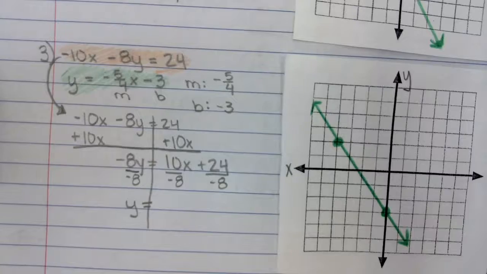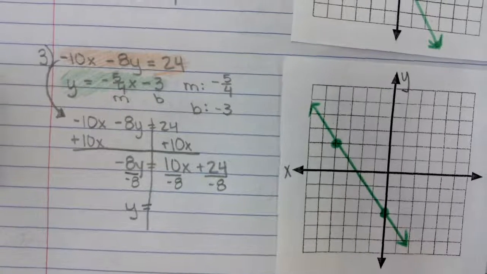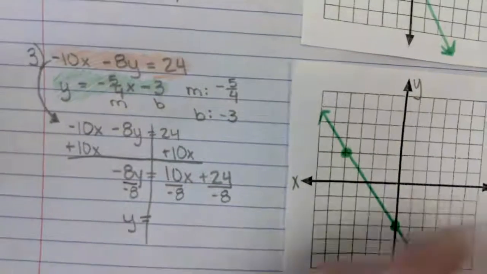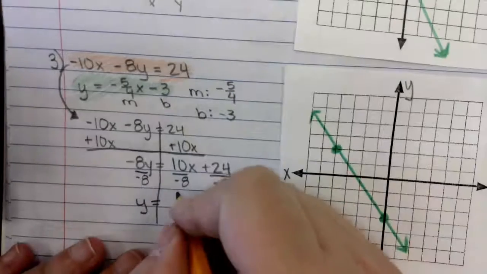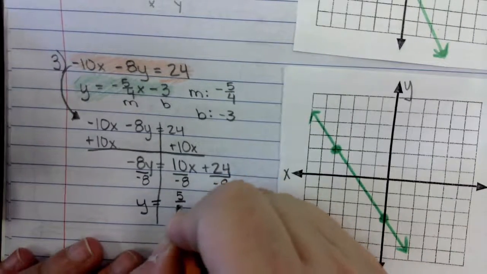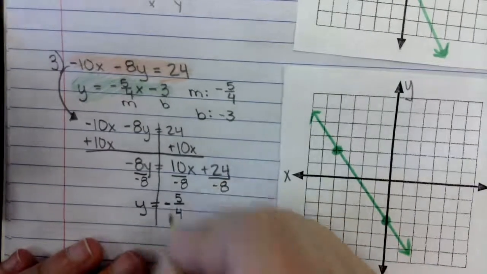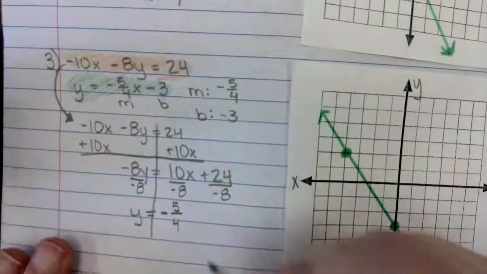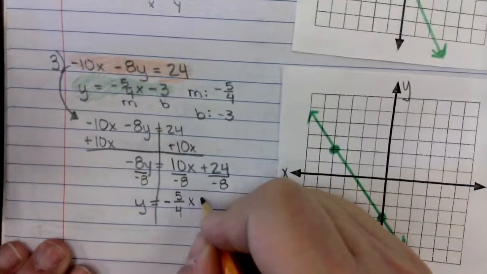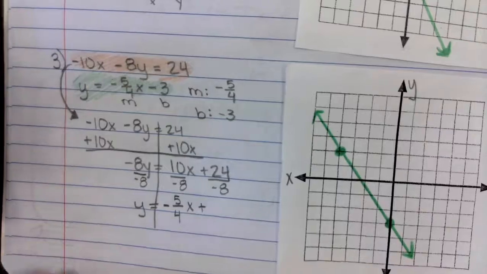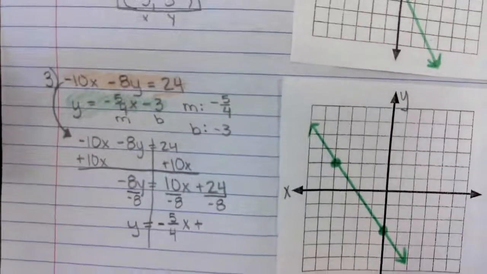X goes off to that side, plus, what's 24 divided by negative 8? Negative 3. Alright, so now that's ready to graph. Oh, that is my orange.